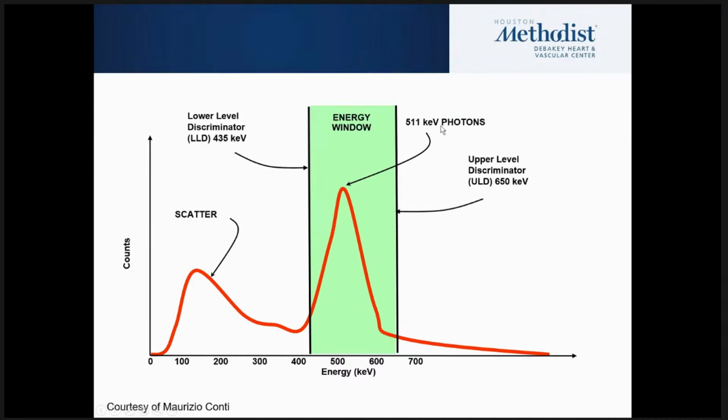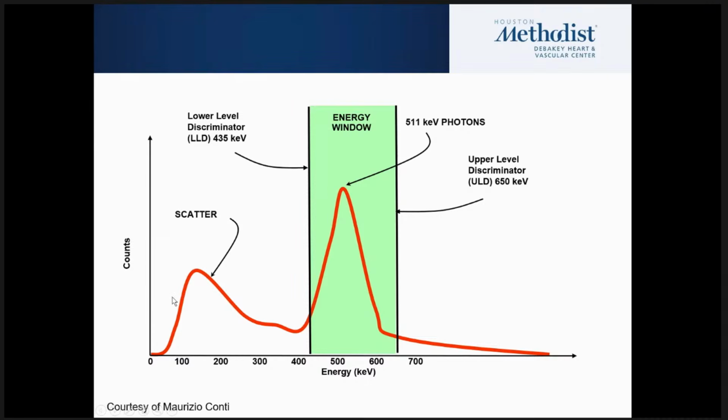So here the energy is much more. And for example, CT energy is about 122 kVp. The peak will depend on what energy you're using, ranging between 70 to 140. Now here we're using 511 keV, and the scatter is going to be on the lower end.